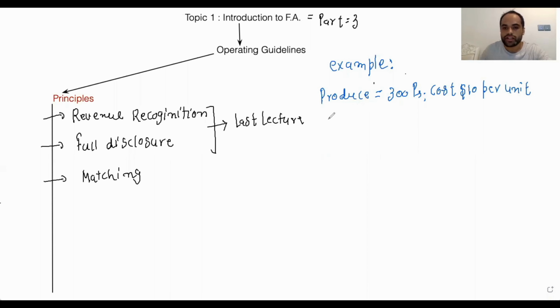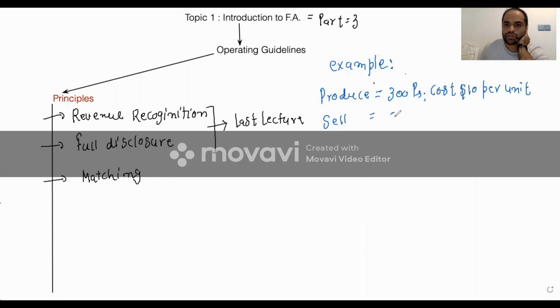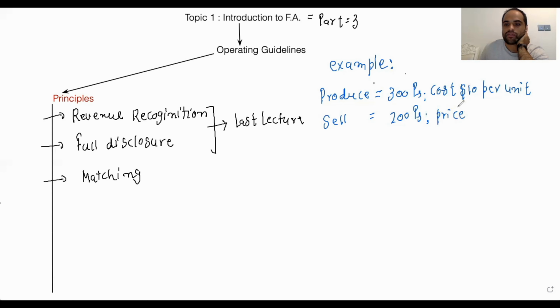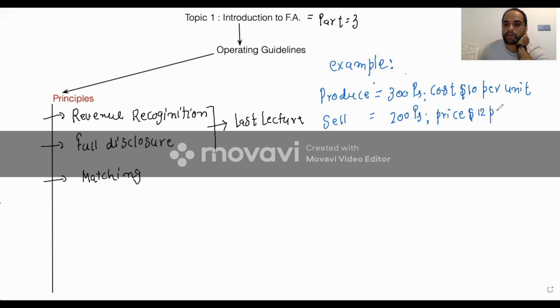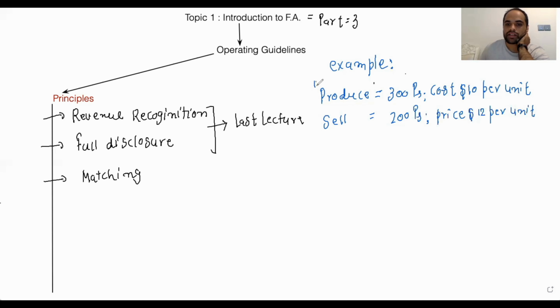And after you produce, you sell. For example, you sell 200 products, and the price of each product, let's say $12 per unit, right? You know that this is your cost, and that's your sales.